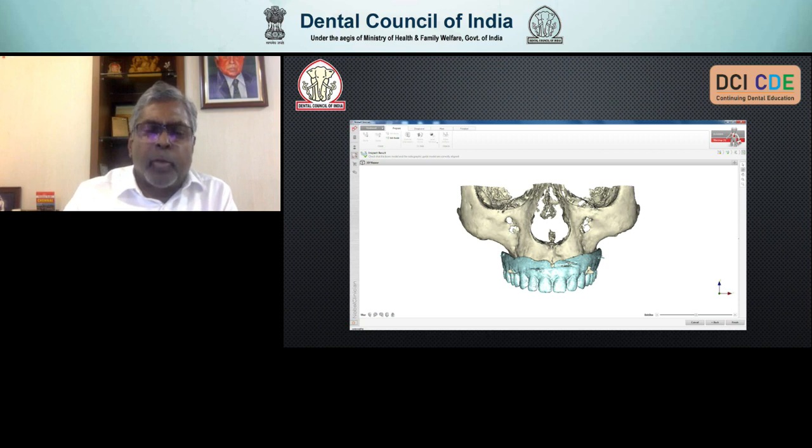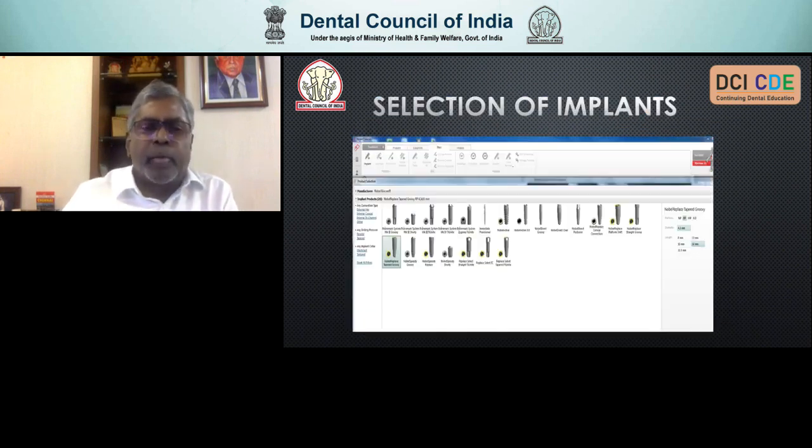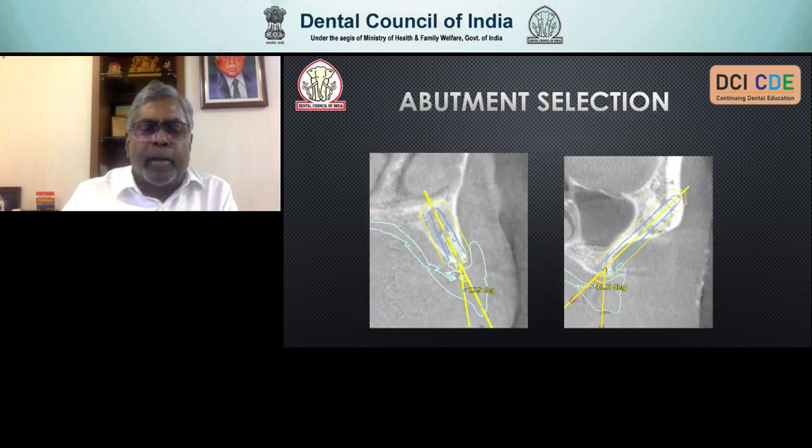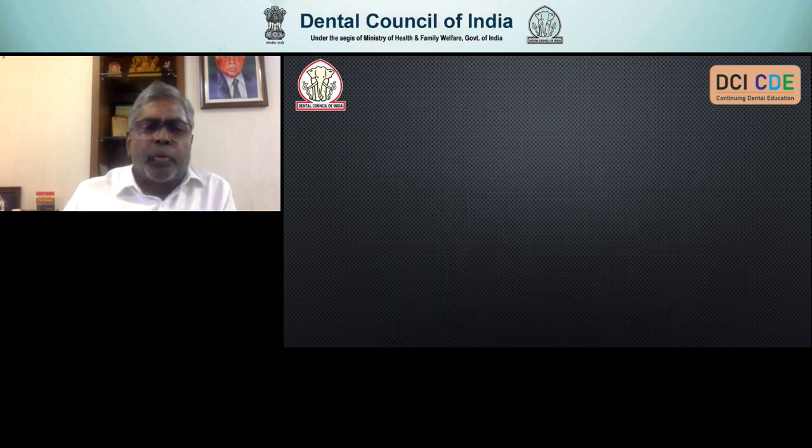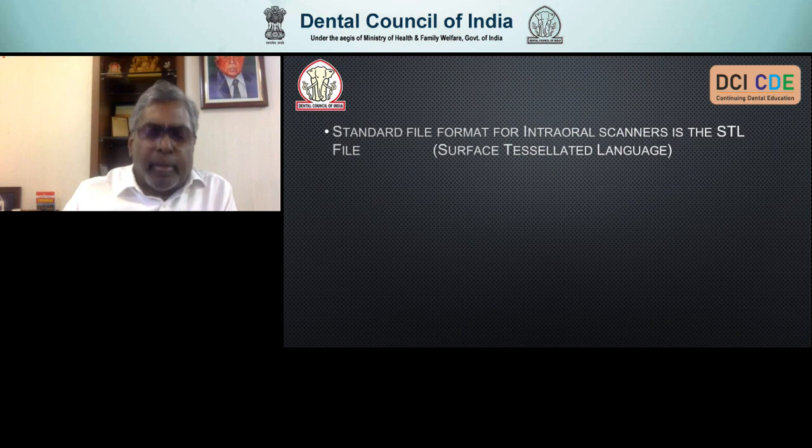For example, what's the bone present under the incisor or the canine region or the molar, the relationship to the sinus, etc. Then you can select the implants, and then you can select the abutment, almost the same way that we chose the abutment for the individual teeth. And then you go on to planning it.